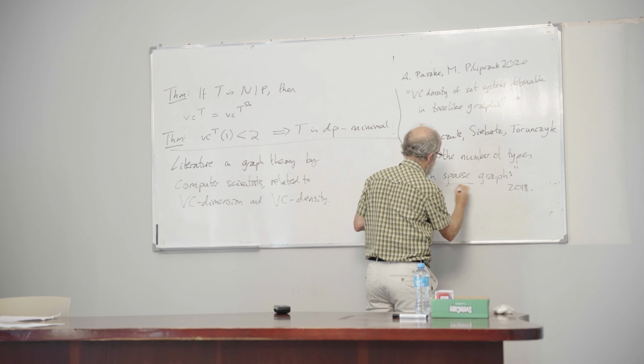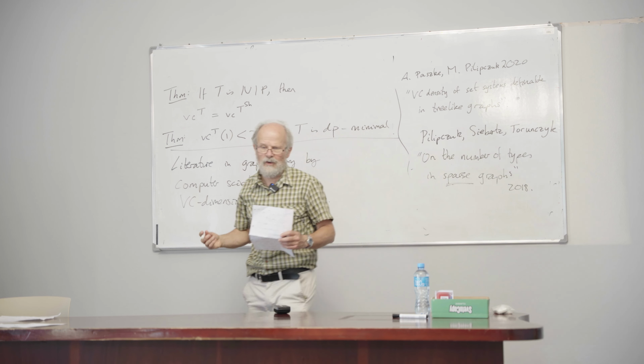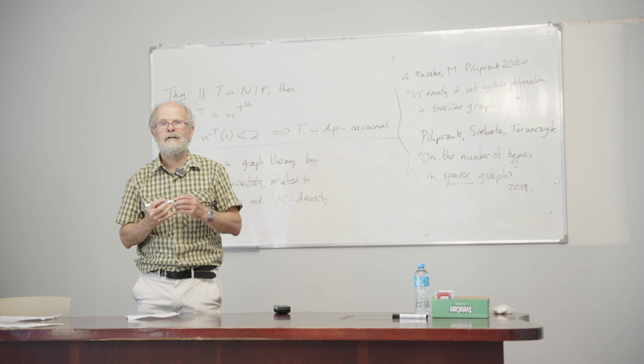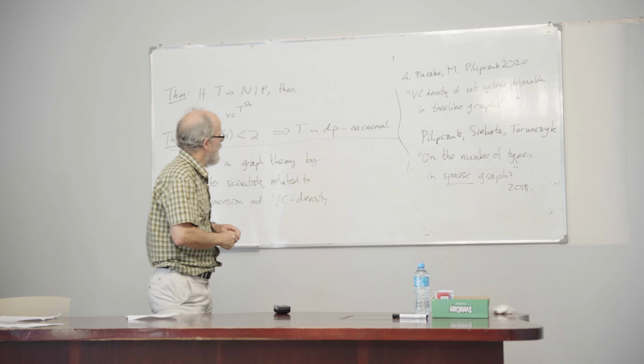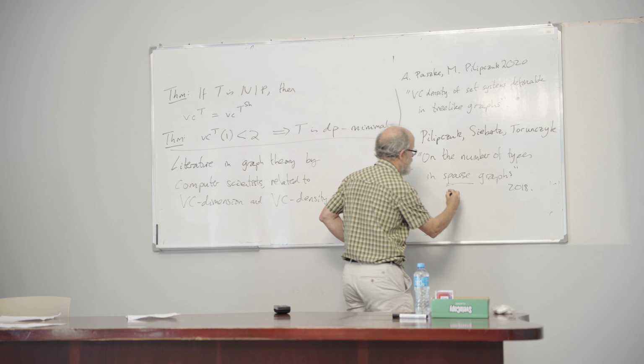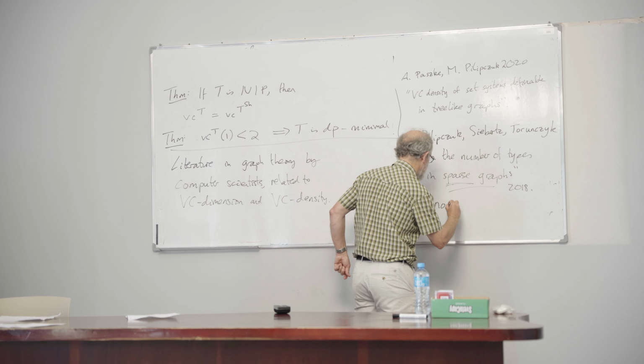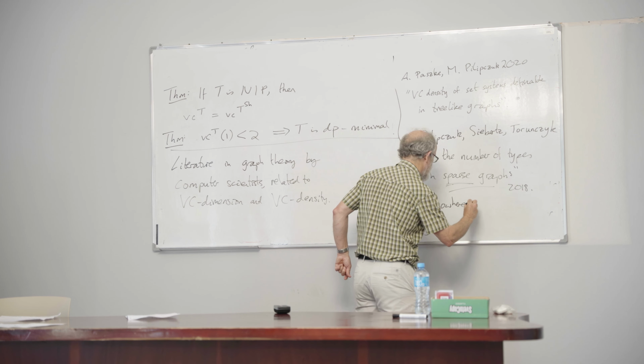So sparse is a bit vague. The idea is it's graphs where the number of edges is somehow low. It grows slower than quadratic in the number of vertices. And there's a particular notion, nowhere dense, which is very close to monadic stability.